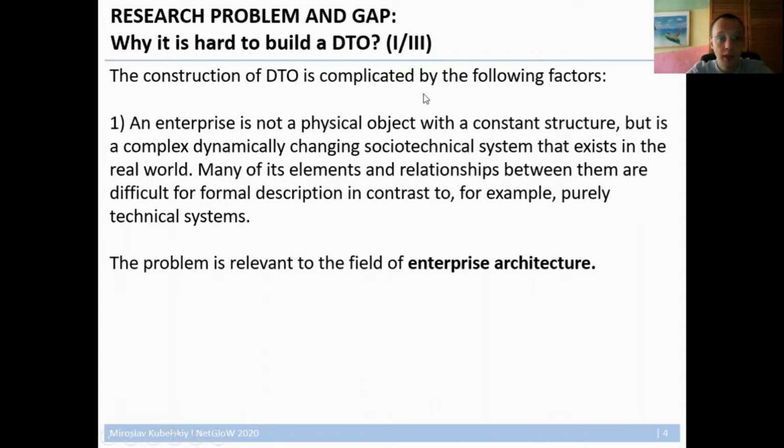The first one is that an enterprise is not a physical object with a constant structure, but a complex, dynamically changing socio-technical system that exists in the real world. Many of its elements and relationships between them are difficult to describe formally, in contrast, for example, to purely technical systems. And the problem is relevant to the field of enterprise architecture.